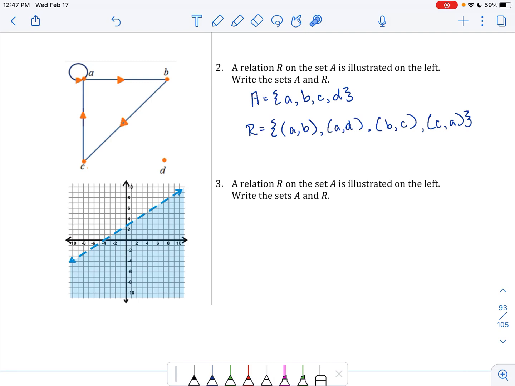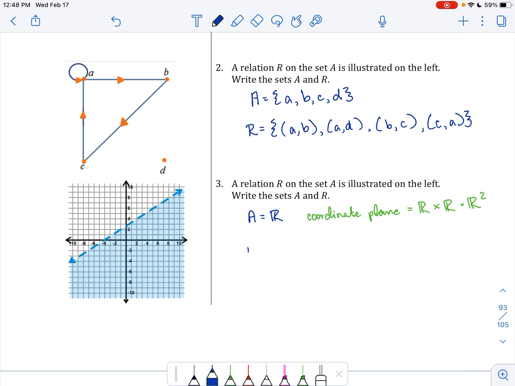especially if we're talking about natural numbers, real numbers, integers. So, a relation R on the set A is illustrated on the left here. Write the sets A and R. So in this case, A is the real numbers, and hopefully you remember that the coordinate plane can also be expressed as the real numbers times the real numbers, and occasionally it's written as R squared as well.